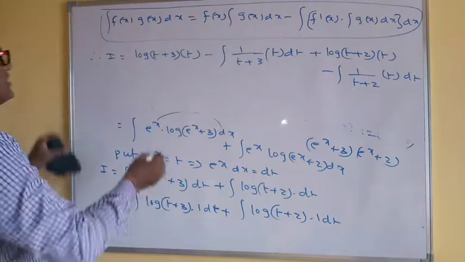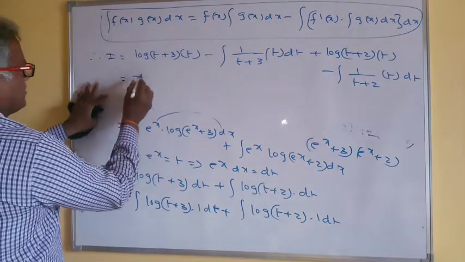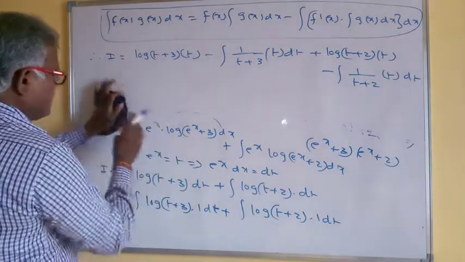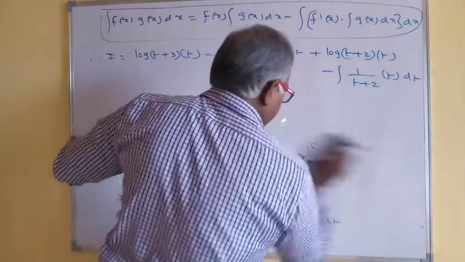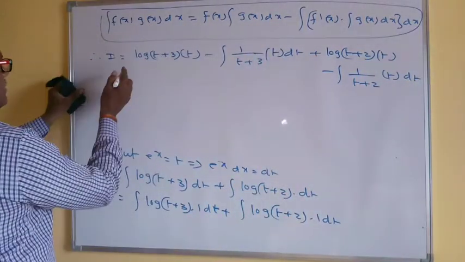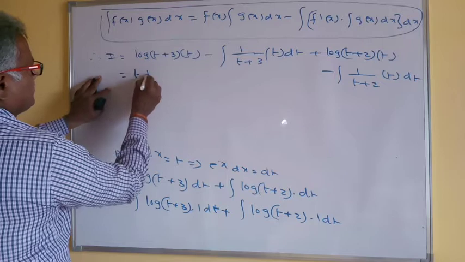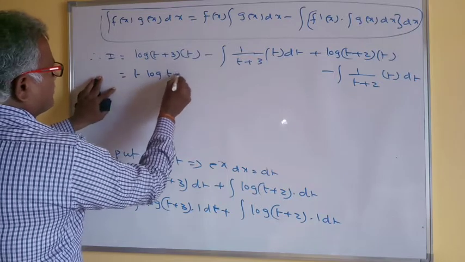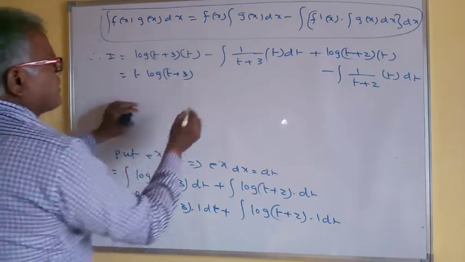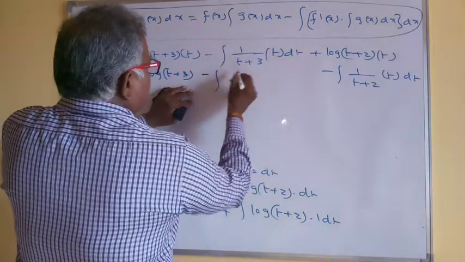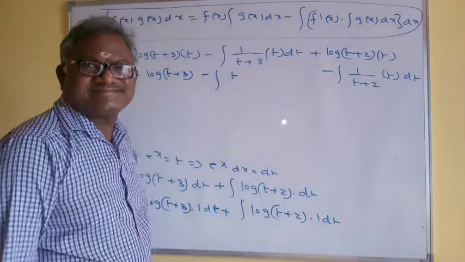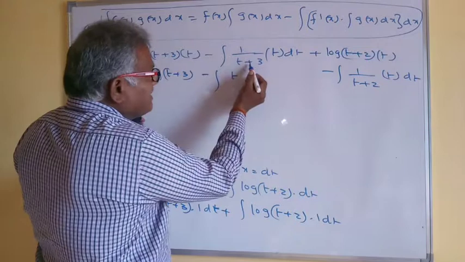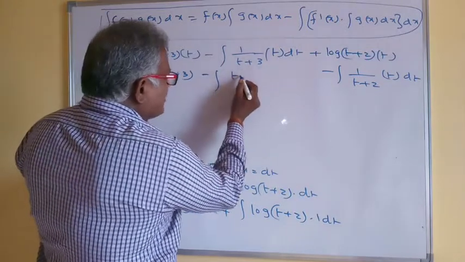So t into log of t plus 3. Here if you observe, only t is there, but here t plus 3 is there. So what you have to do?